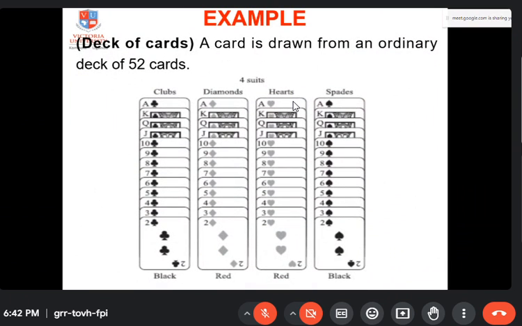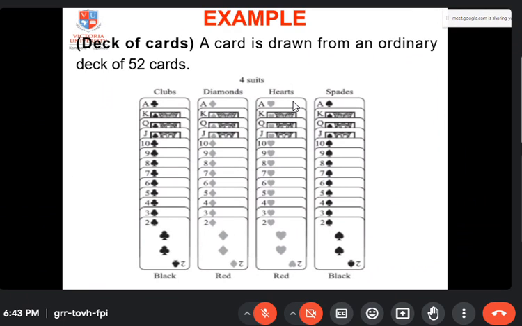Let us have another experiment. This is an experiment of cards, a deck of cards. I hope everybody has at one time or another played the cards. Now, like you know, a deck of cards has got 52 cards. Now the cards have 4 suits.